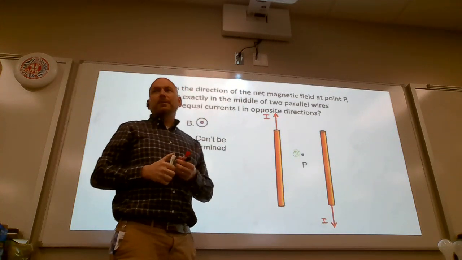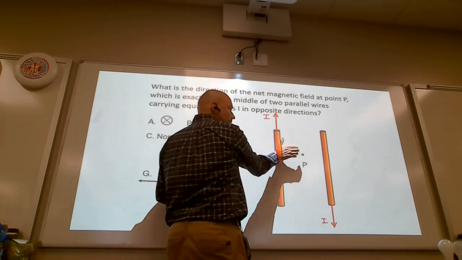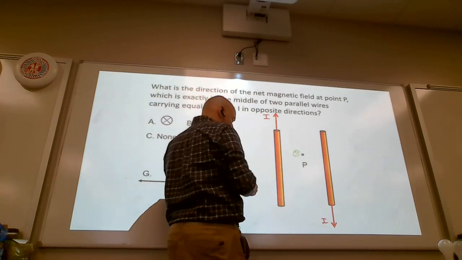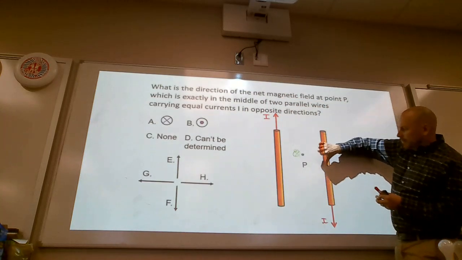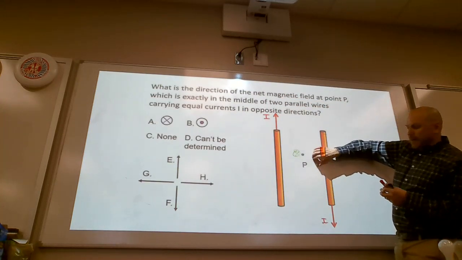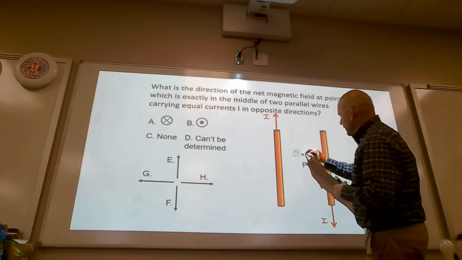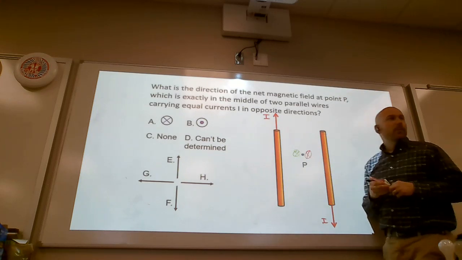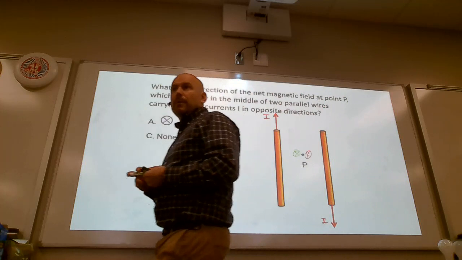Don't think clockwise or counterclockwise. Going into the page at point P. This one, creating a thumb going down, magnetic field going into the page. Both are going into the page. Okay with that?